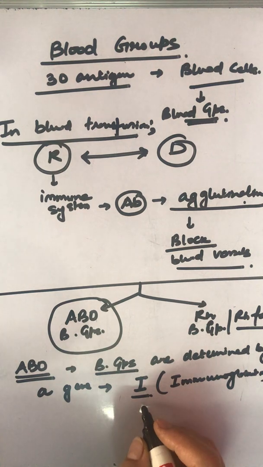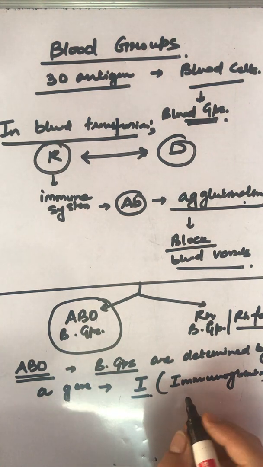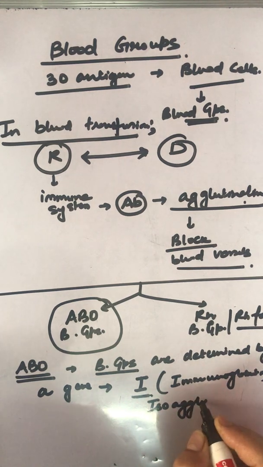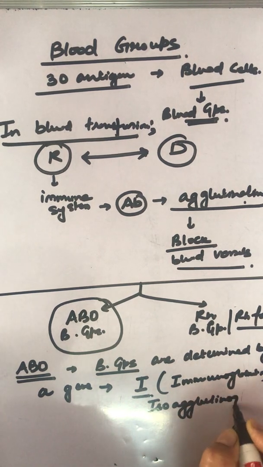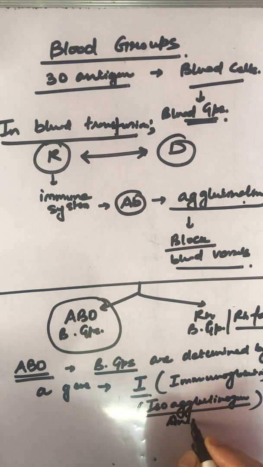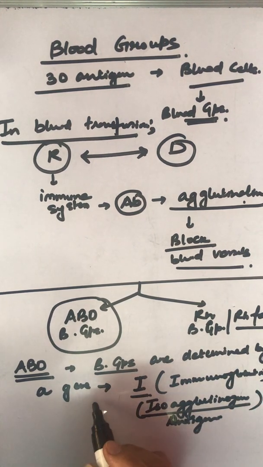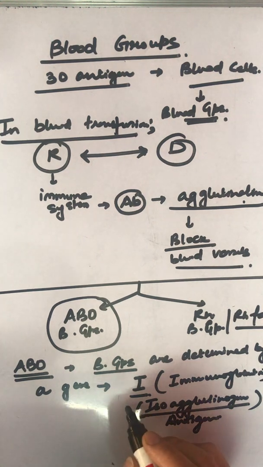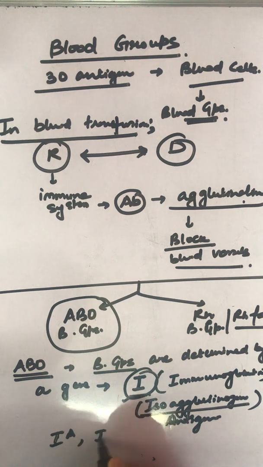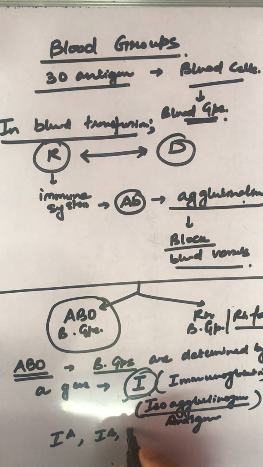It is another isoagglutinogen, a term for antigen. Clear? So there are three alleles of I: IA, IB, and IO.